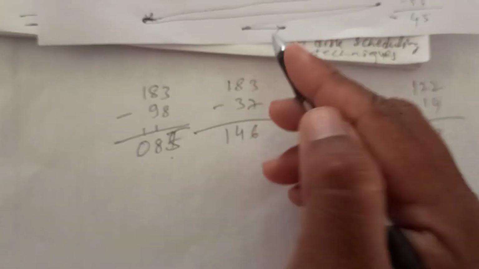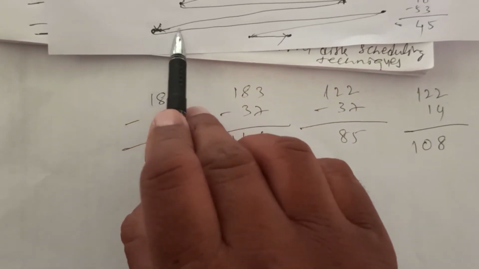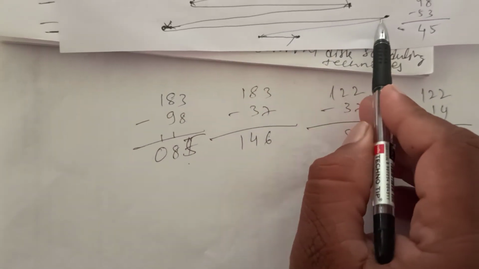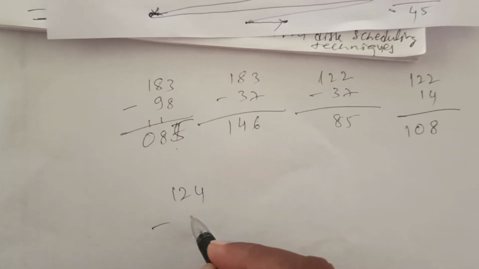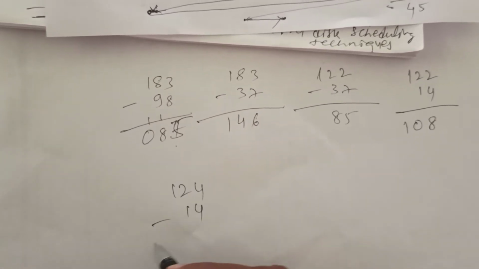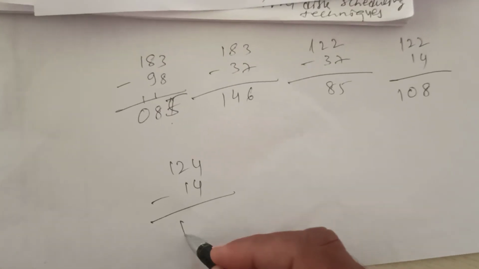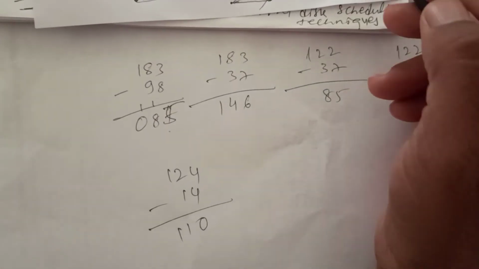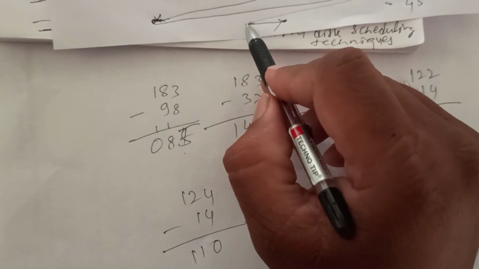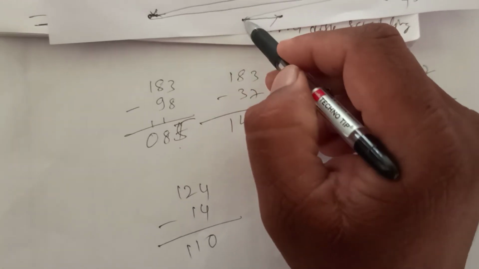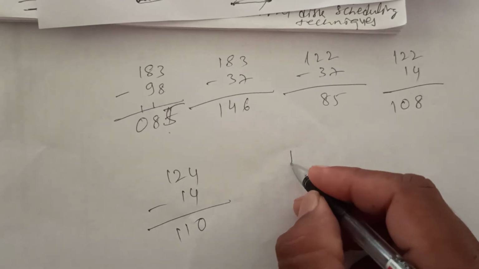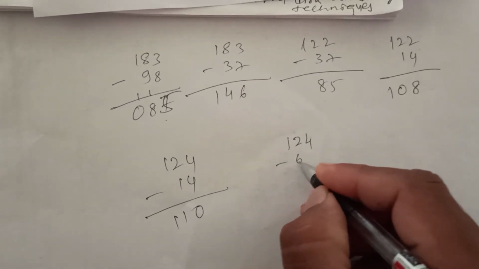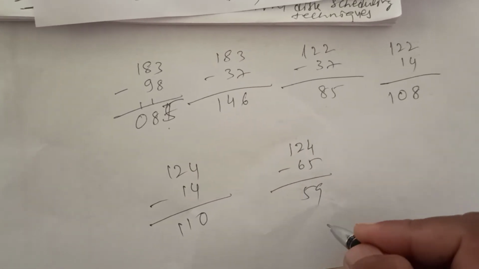And then from 14 you are moving again to the request 124. Then 124 minus 14, the result is 110. And from 124 you are servicing the next request, that is 65. Here you do 124 minus 65, the result is 59.